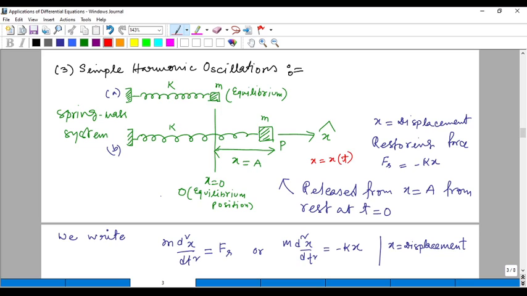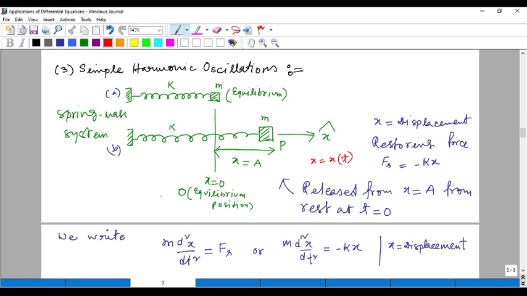So one end of this spring is connected to a fixed object, and the other end of the spring is connected to a mass, that is an object of mass m.